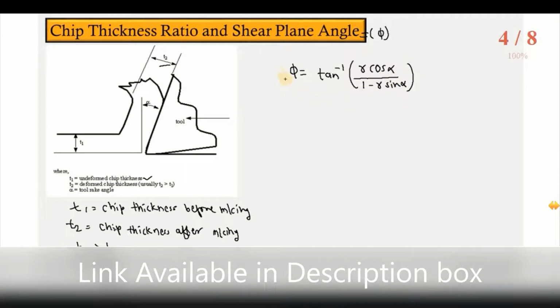If you want to know how we derived this shear plane angle relationship, the link is kept in the description box. You can see step by step how we have derived the relation for this shear plane angle.